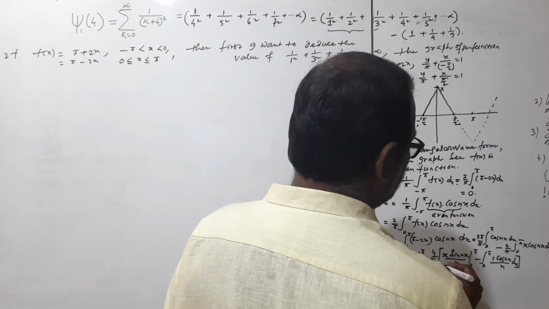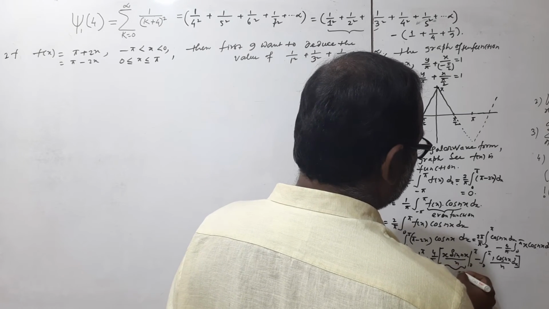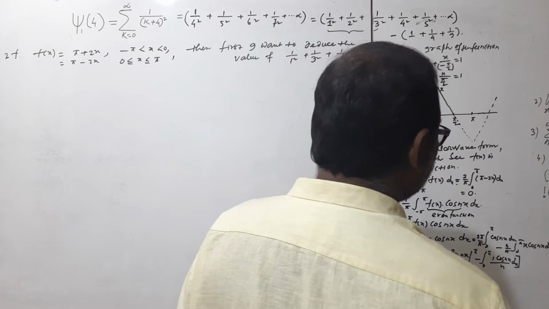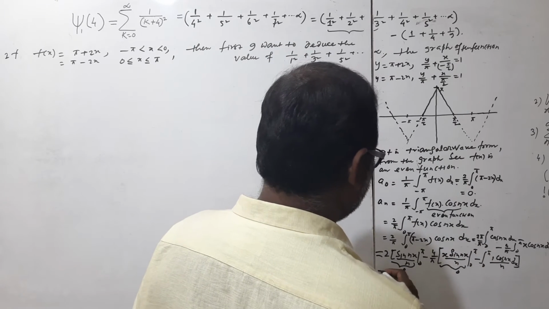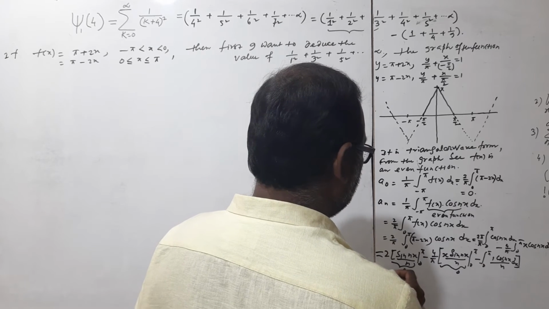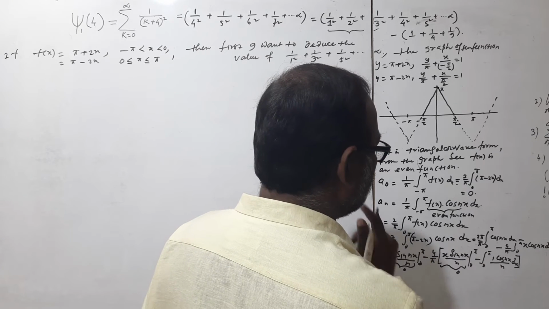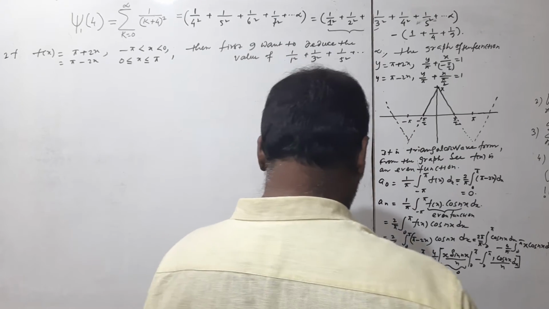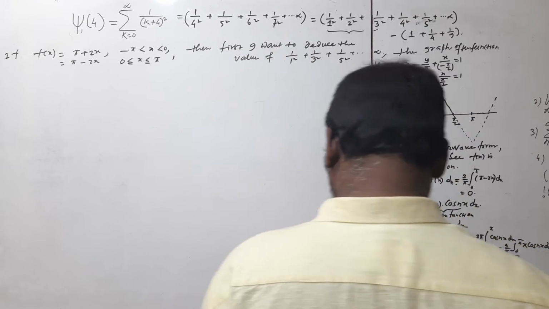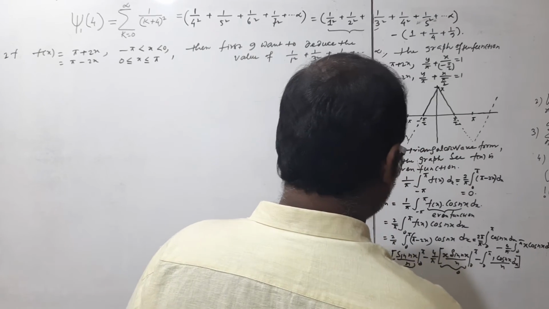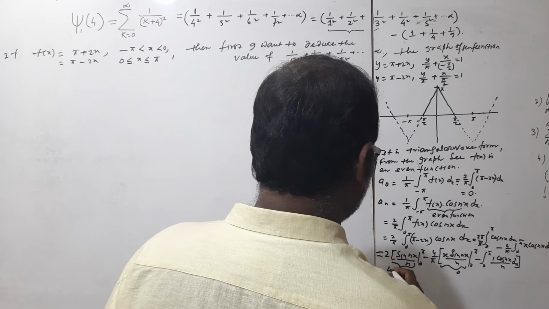So here, if we multiply by minus, this is 4 by pi, this is here 4 by pi.